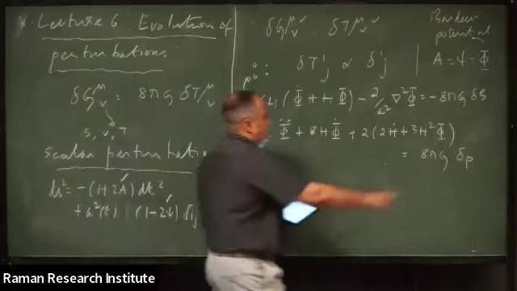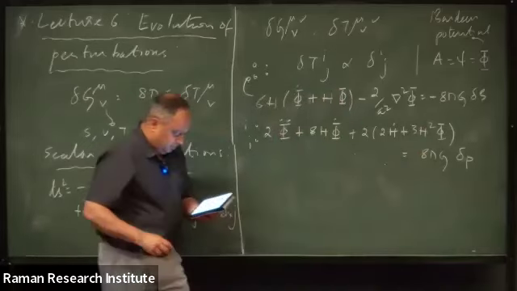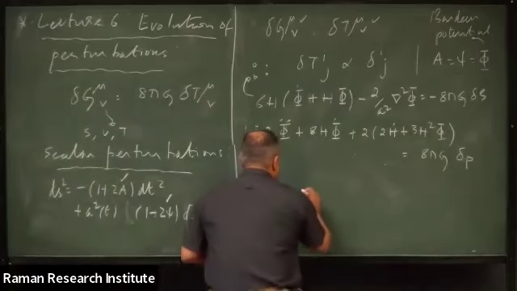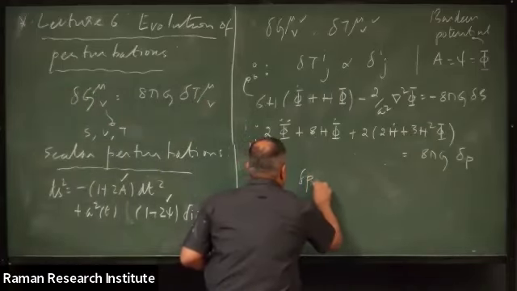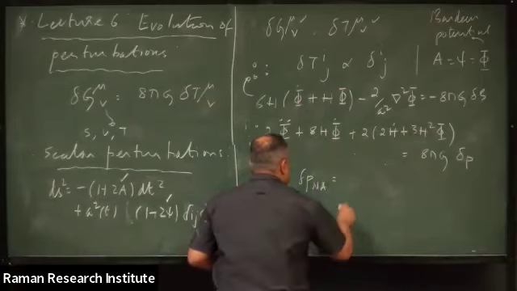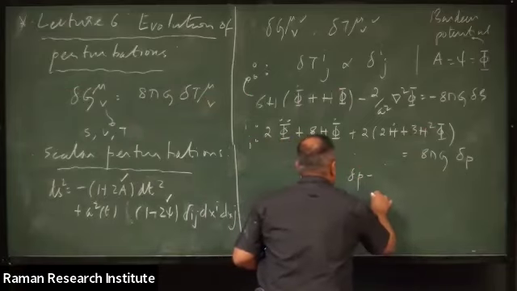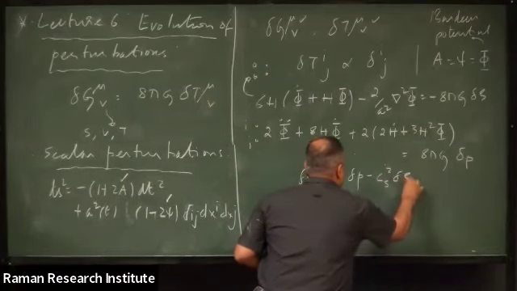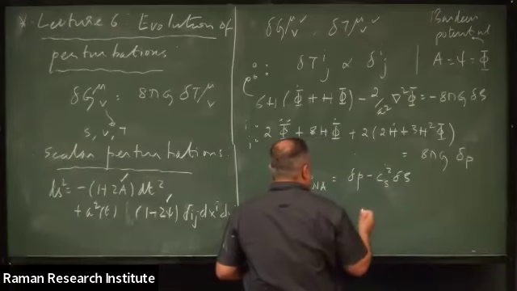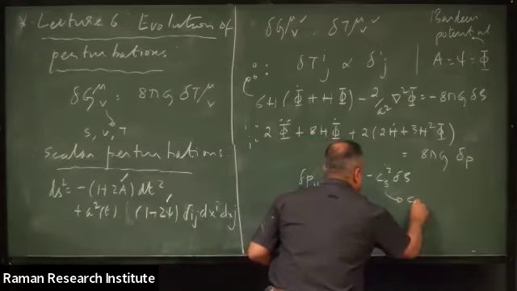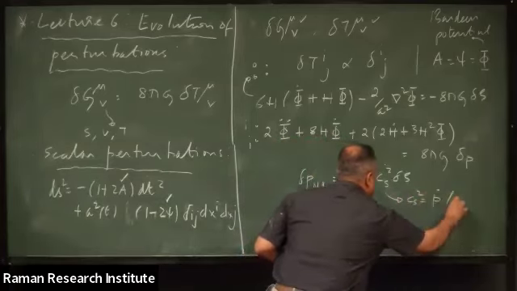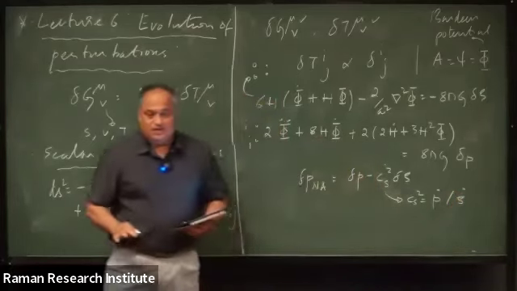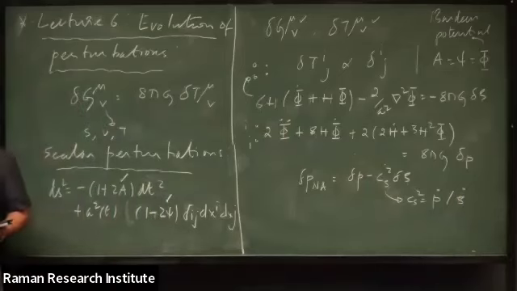Remember, they contain delta rho and delta p. I'm going to define something called non-adiabatic pressure, which is defined as follows: delta p minus something often denoted as C_S squared or C_A squared times delta rho, where C_S squared is p dot by rho dot. I presume you recognize the dots denote differentiation with respect to cosmic time t.